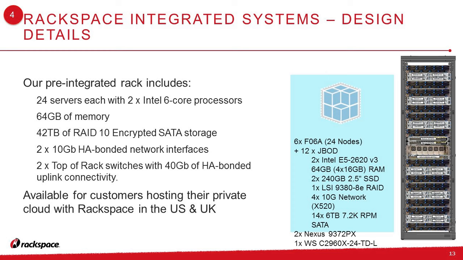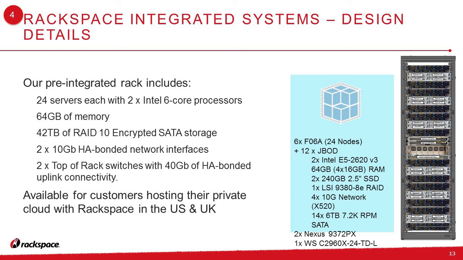We typically see those drives as being protected by RAID 10, so we see 42 terabytes per JBOD in a protected configuration. So overall, you see around half a petabyte within the entire cabinet, or around a petabyte raw.